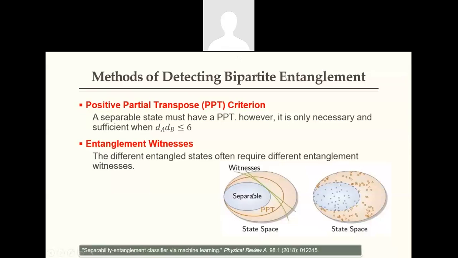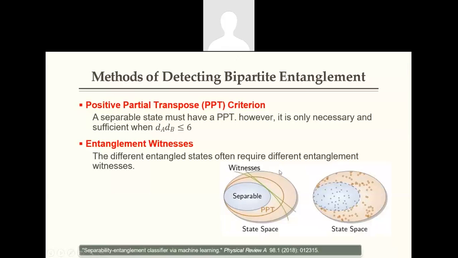Okay, in this, partial transpose is a mathematical operation, which is applied to part of a quantum state. Example, only Bob's state. Partial transpose means a mathematical operation applied to part of a quantum state. Only Bob's part.